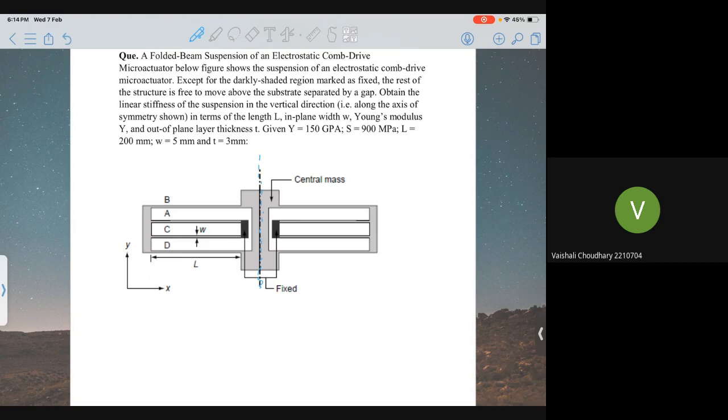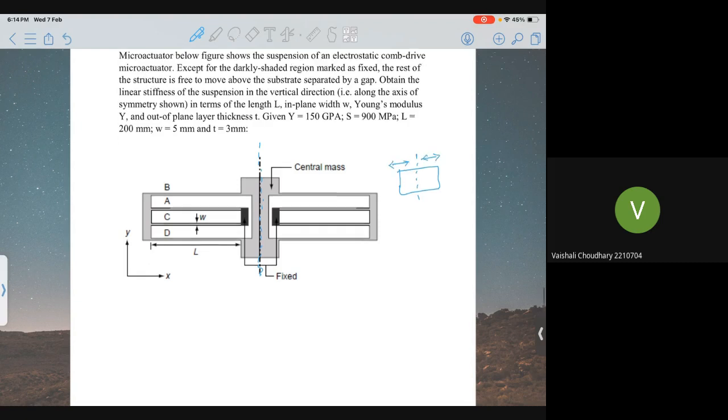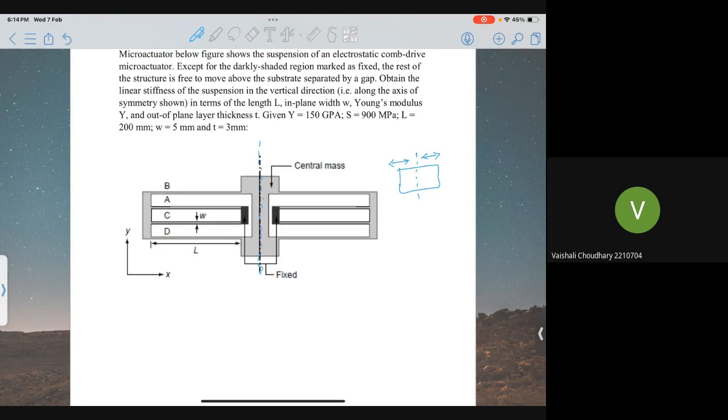Or if you cut it in the center, you'll have two same portions. Okay. They are saying this darkly shaded region is the fixed end, and the force is applied in this direction.